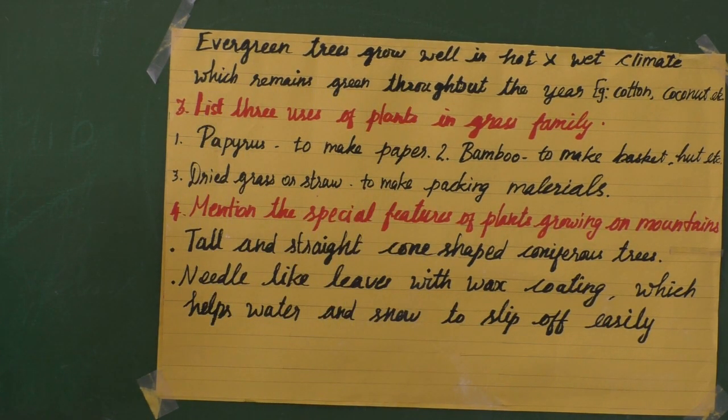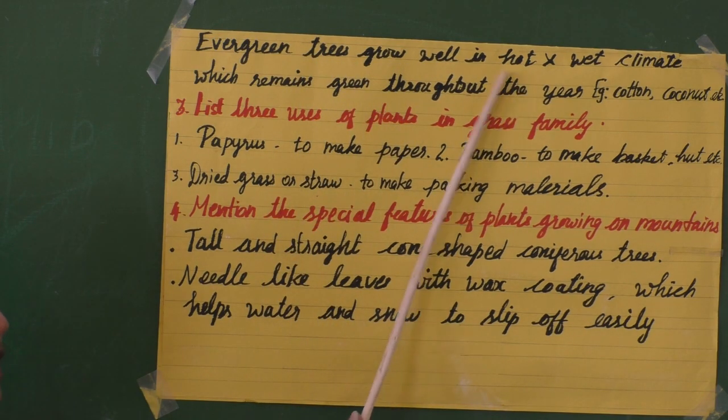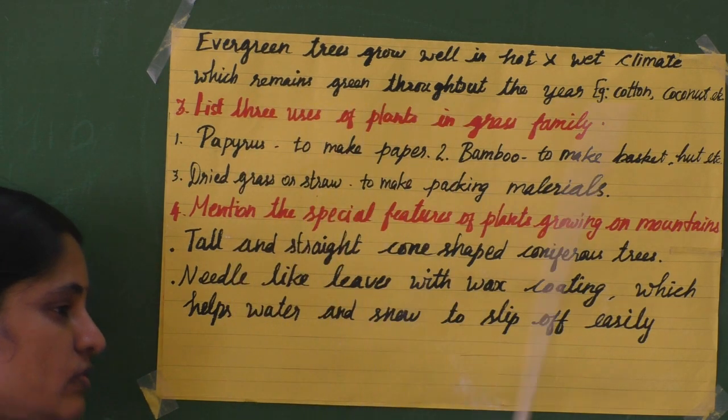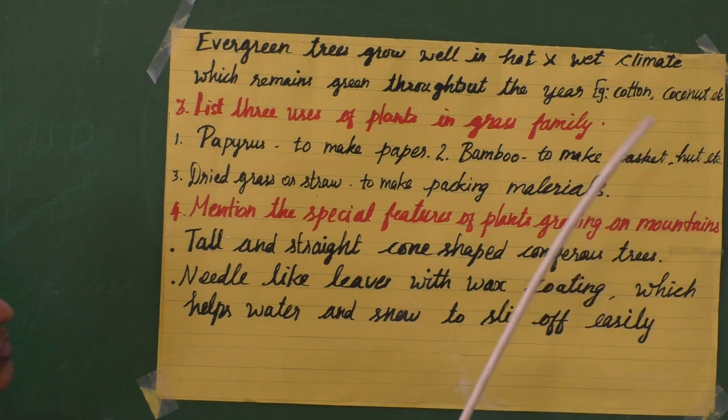Evergreen trees. எப்பொழுதுமே க்ரீனாக இருக்க ட்ரீஸ். Evergreen trees grow well in hot and wet climatic regions which remain green throughout the year. வருஷம் முழுசுமே க்ரீனாக இருக்கும். ஸோ காட்டன், கோகனட் we can give example. Okay, differentiation you have to write both the sides, put boxes, put the heading in black and write the answer in blue. Clear children?